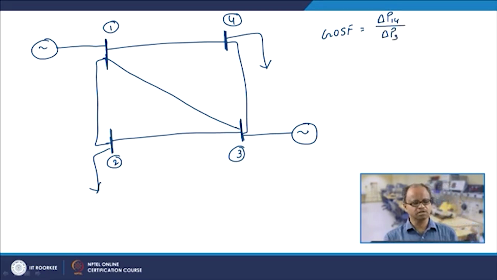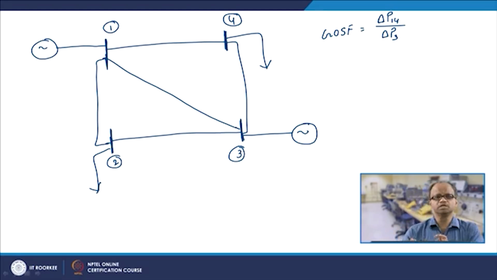Delta P14 is nothing but the amount by which the real power flow has changed over this line between bus 1 and bus 4 due to some change in injected real power at bus 3.